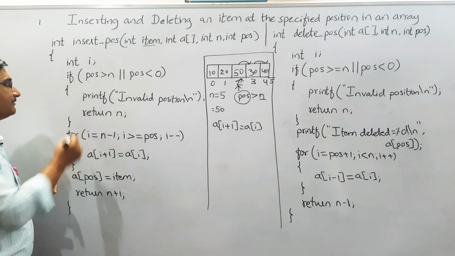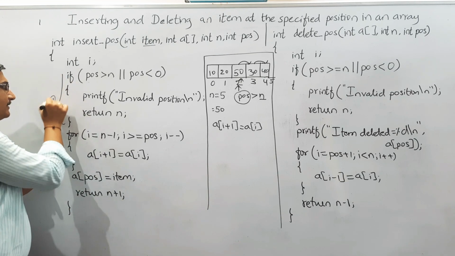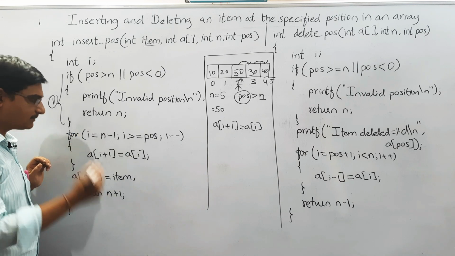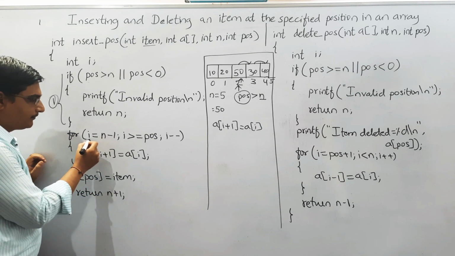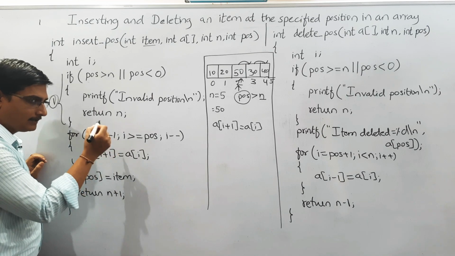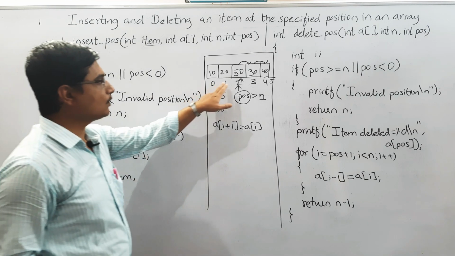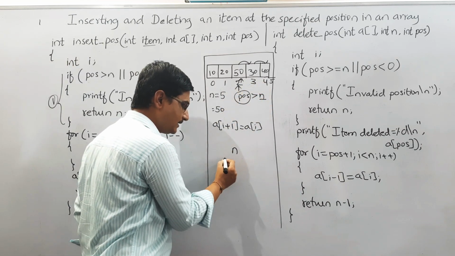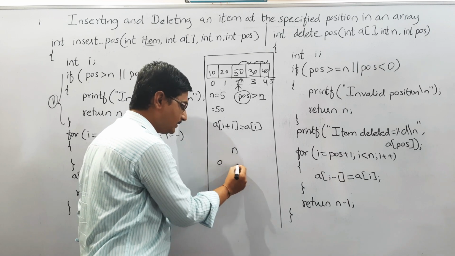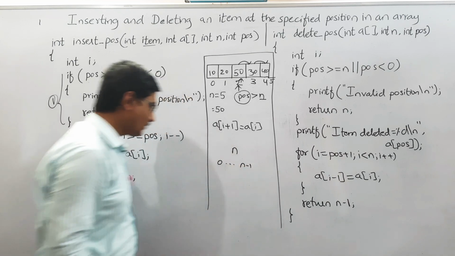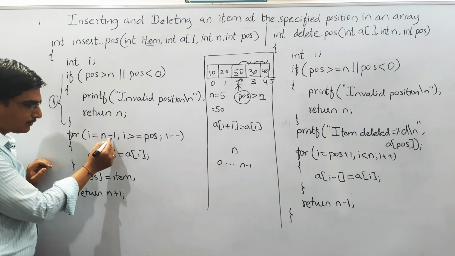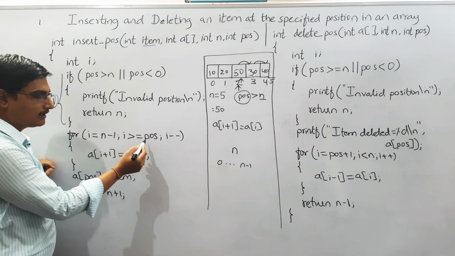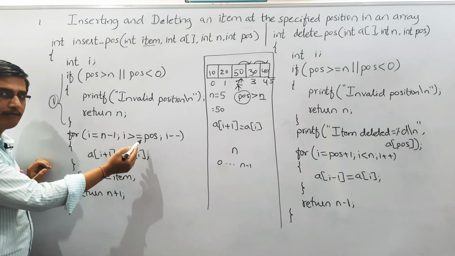Otherwise, if this condition fails, then it is possible to insert that element. So I is initialized to the last position. 0, 1, 2, 3, and so on up to the last position if there are n number of elements. As we are initializing from 0, the last position will be n minus 1. So I is initialized to the last position and the condition is checked that it should not go back past the position.